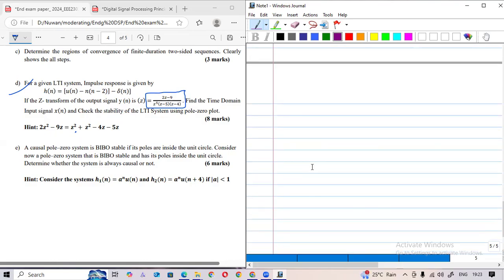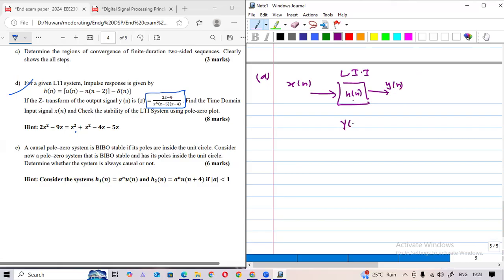It is like this, so I will do it again. Here you need to consider these things. We are given an LTI system, and you know that if you give an input, and you have the impulse response, you get y[n].